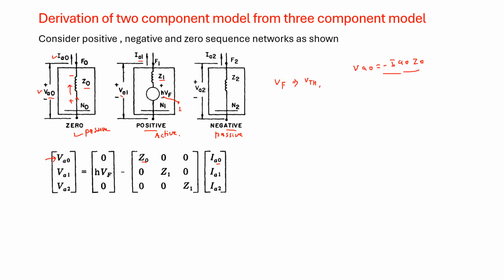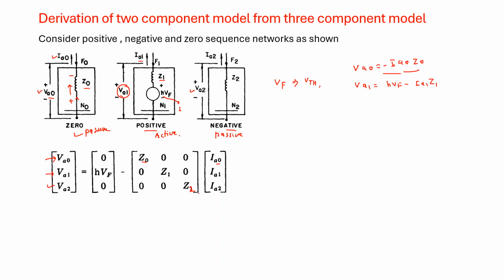Similarly, we can write the equation for VA1: VA1 is equal to HVF minus IA1 into Z1. This equation is put in the second row, and similarly the third equation is written for VA2 in matrix form. Actually here it is Z2.